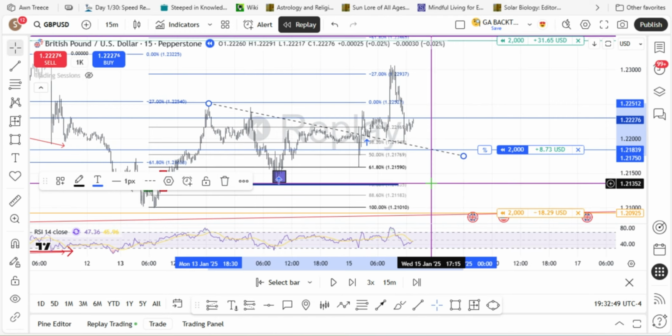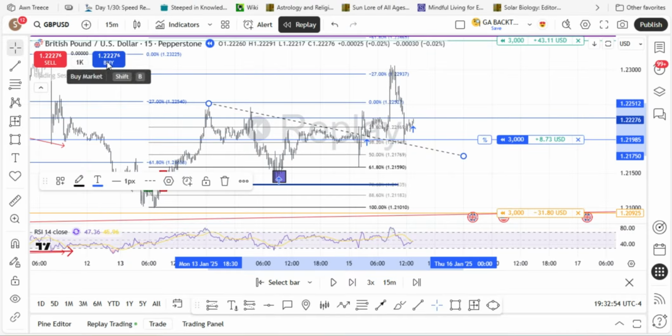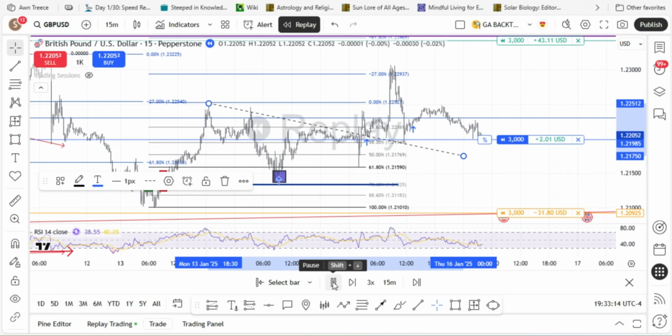This is another opportunity to get in. So we'll get in again. Should we change our TP? We probably should, but we're not because we're learning things the hard way today. And then there's another entry if we're still believing our bias is correct.